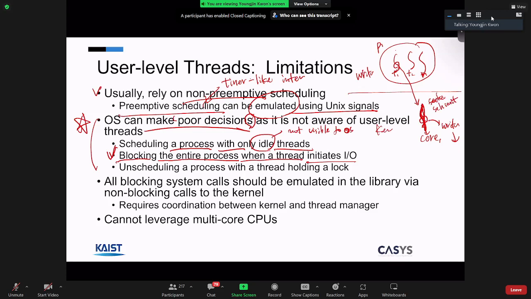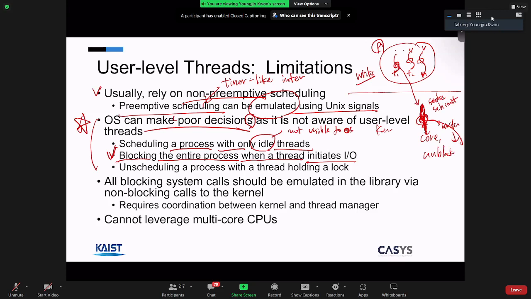In the scheduler, the scheduling unit is only one, because the process has one scheduling unit, and if one thread makes a write I/O system call, this scheduling unit is blocked, meaning that if the other threads have work to do, they need to wait until this is unblocked, after finishing the I/O.